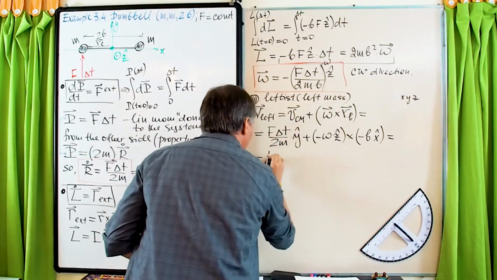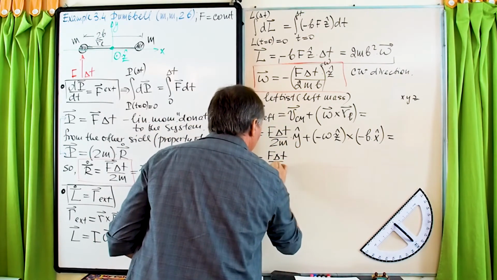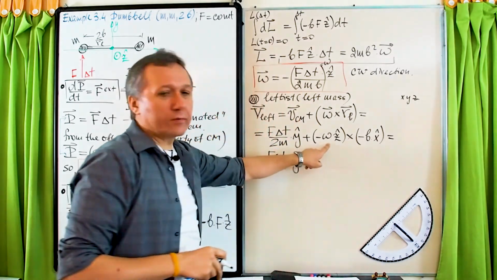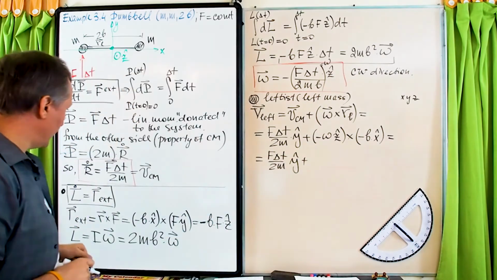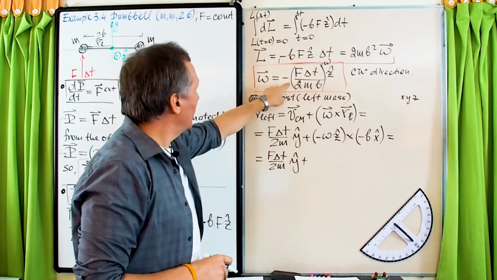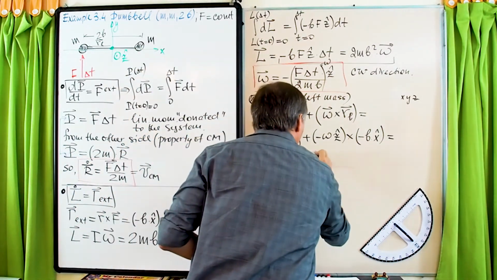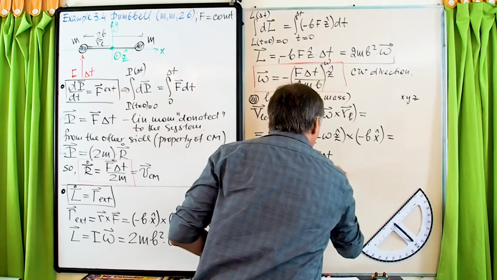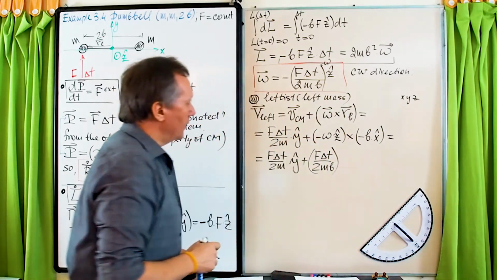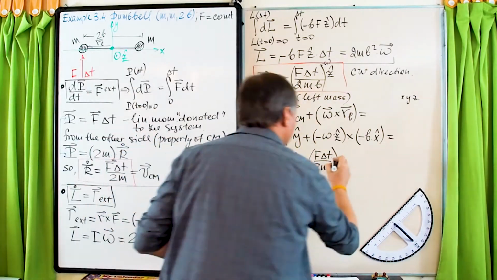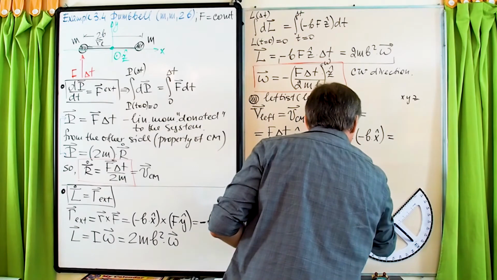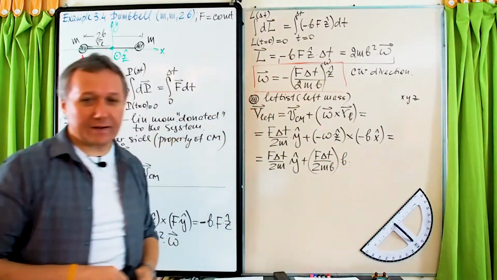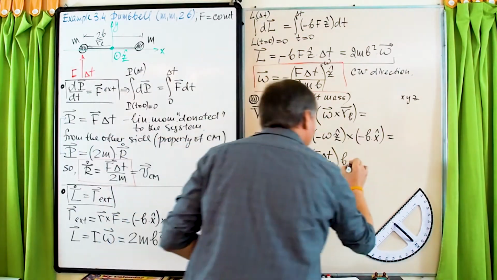So it will be F delta t over 2m y hat plus, and now I will write omega explicitly: F delta t over 2mb, times b, and z direction. Oh, not z direction. As I said, z cross x is y hat. Right?